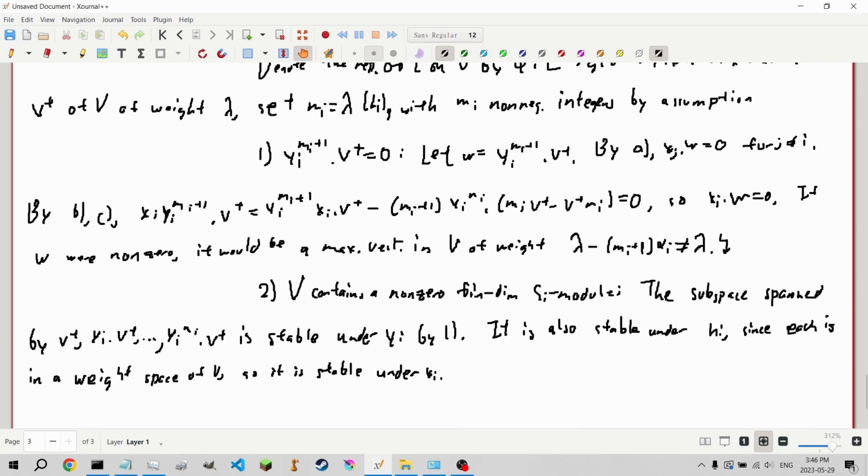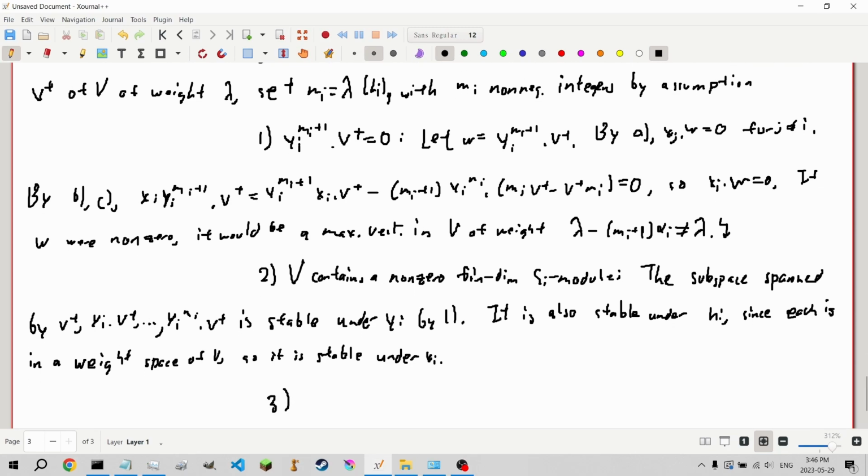Alright, step 3. That V is the sum of the finite dimensional Si submodules.